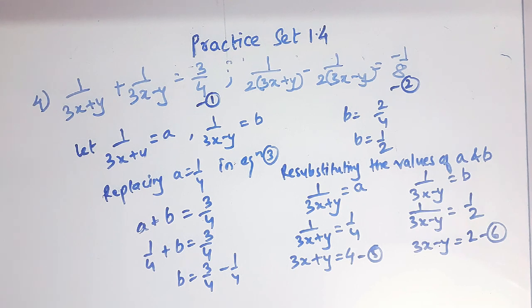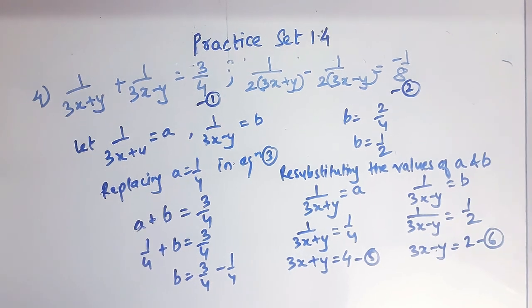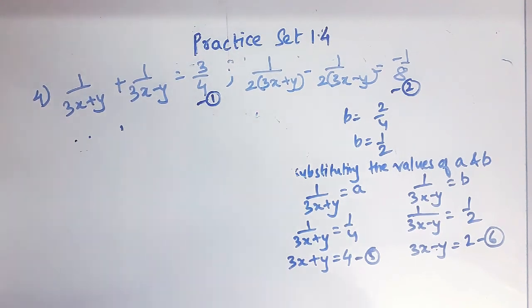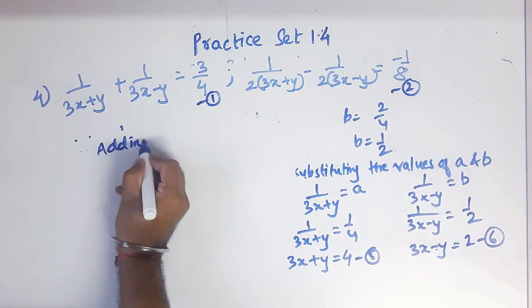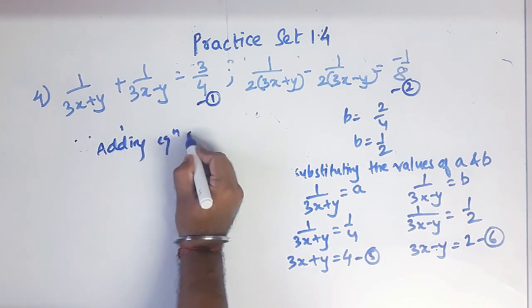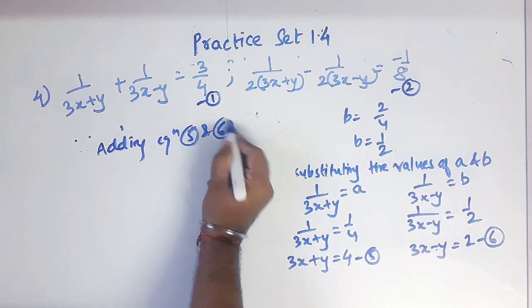So we got equation number 5 and equation number 6. Next one. You can see if we simply add them, plus y and minus y will get cancelled. So what I'll do is adding equation 5 and 6.